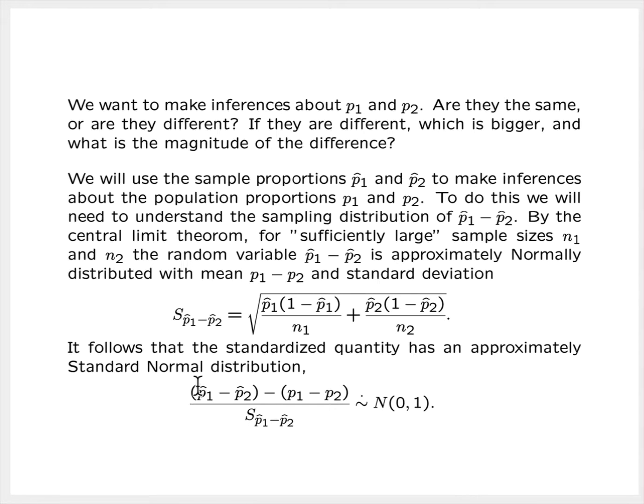I'm just using this more concise notation in the denominator here, otherwise it would take up too much space. But anyway, this standardized version of the difference in sample proportions, for sufficiently large samples, will be approximately standard normal.